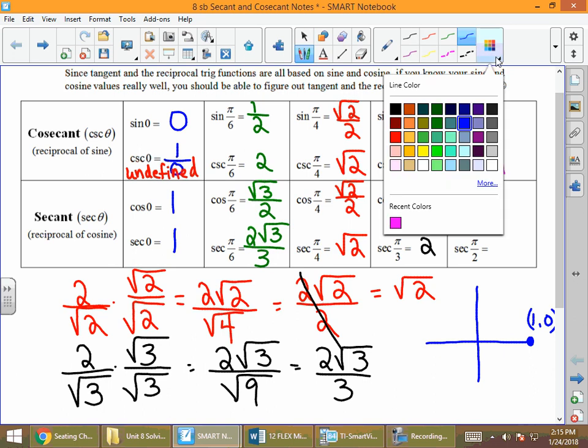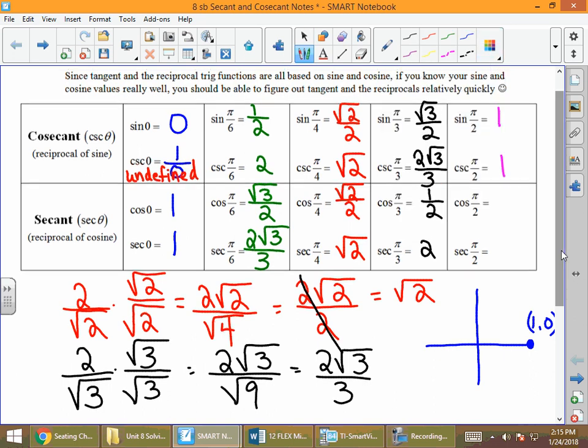Lastly, cosine of pi over 2. Well, cosine of pi over 2 is at this particular part of our unit circle. The ordered pair at this point is (0, 1). So the cosine is the x value of that ordered pair, which is 0.